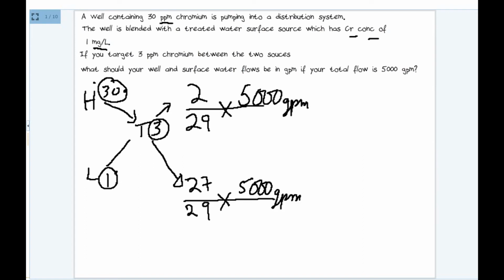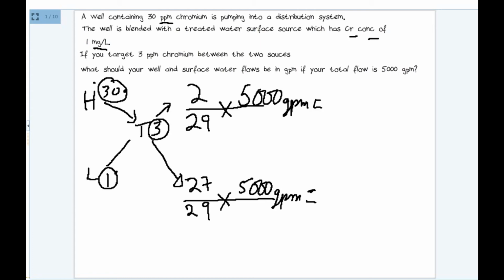And all we have to do now is simplify the top and the bottom. So on the top, you can do it a couple of different ways. You can say 2 times 5,000 divided by 29, or you can say 2 divided by 29 times 5,000. Because they're all related by multiplication, it's all going to work.